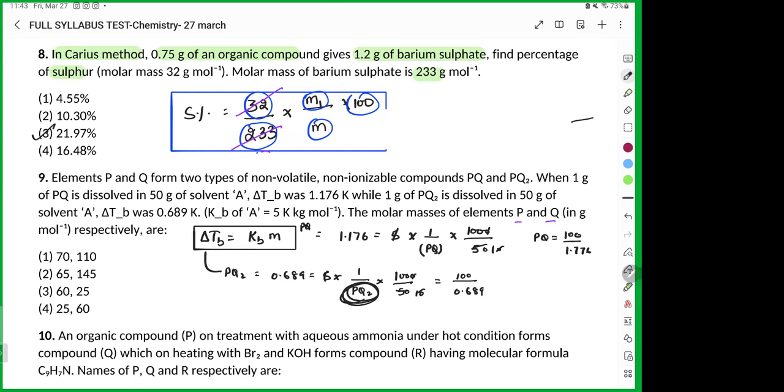You got the molar mass, but of the full compound, not P or Q separately. So P plus Q in the first case will be equal to 100 divided by 1.176, and in the second, 1 plus P plus 2Q is equal to 100 divided by 0.689. You can calculate and you will get the answer. Simple calculation.